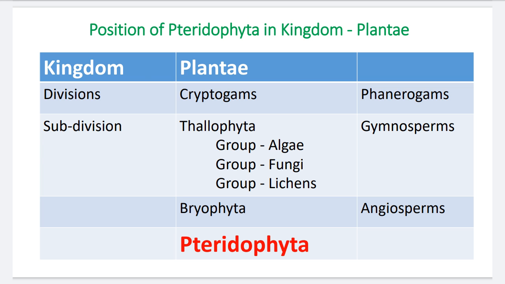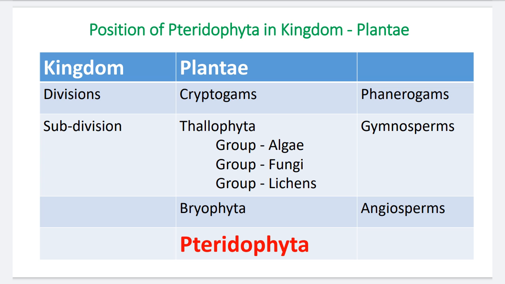Now these cryptogams are further divided as Thallophyta, Bryophyta, and Pteridophyta. Thallophyta includes algae, fungi, and lichens.